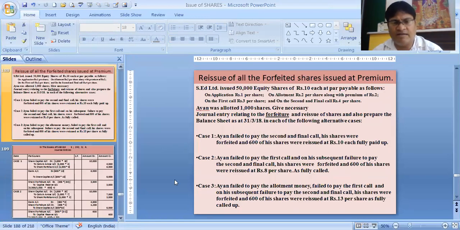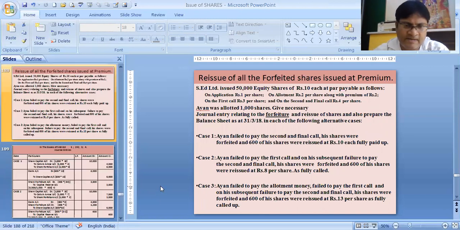Next, case 3. Ayan failed to pay the allotment, failed to pay the first call, and on his subsequent failure to pay the second and final call, his shares were forfeited. That means Ayan has paid only 1 rupee per share out of the 1000 shares allotted to him, so 1000 into 1, he has paid only 1000 rupees.